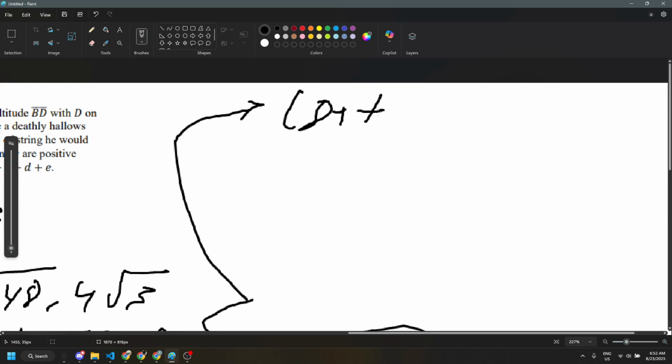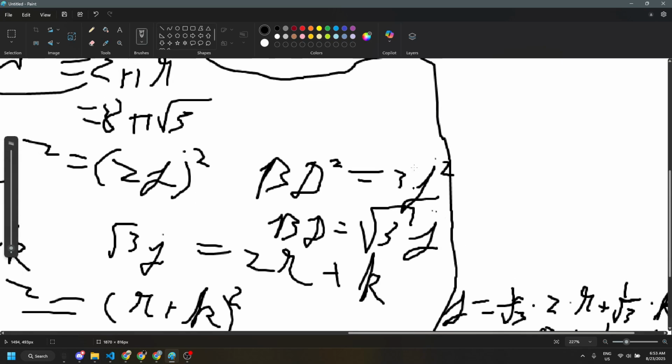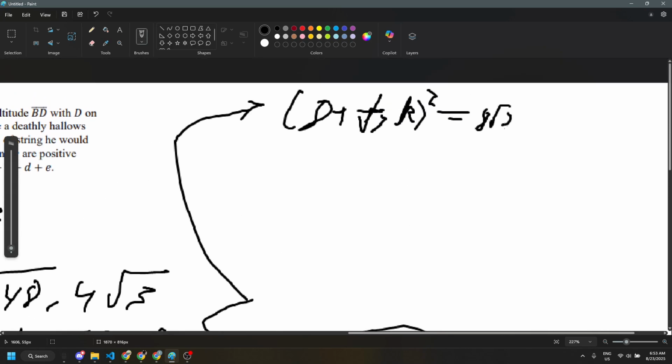8 plus 1 over root 3 k, squared, is equal to 8 root 3 k plus k squared.